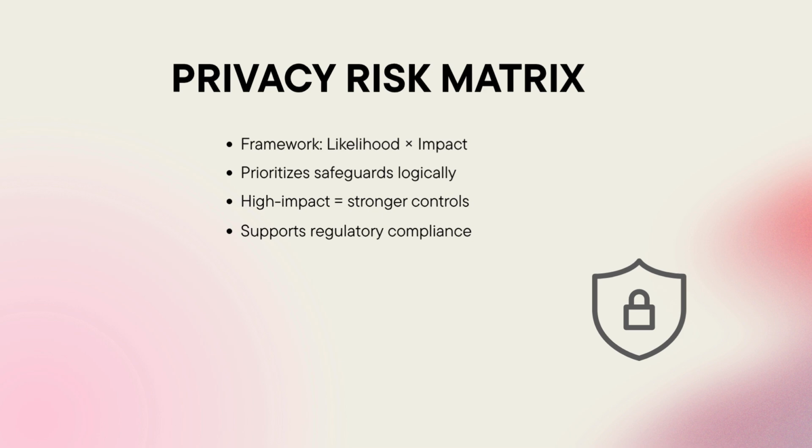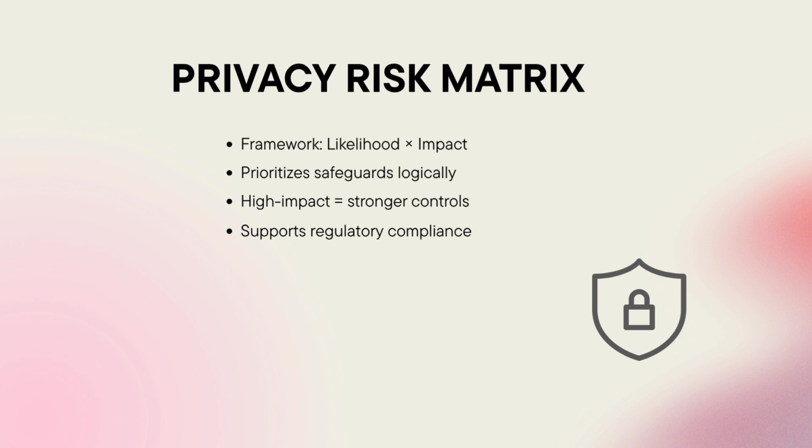Privacy risk matrix. A privacy risk matrix is a simple but powerful tool. It plots the likelihood of a privacy incident against the severity of its impact. A low likelihood, low impact event might involve anonymous survey data. A high likelihood, high impact event could be a breach of patient health records.